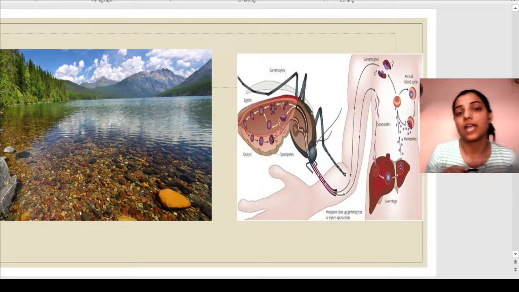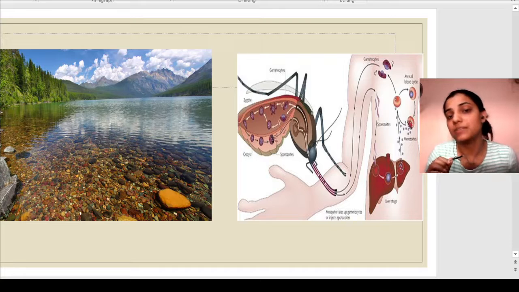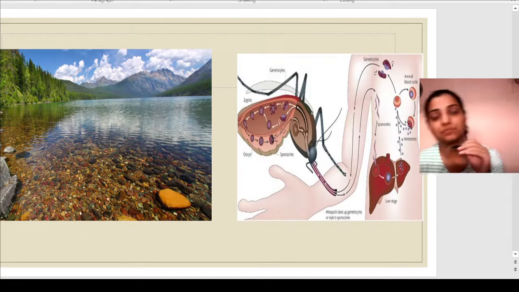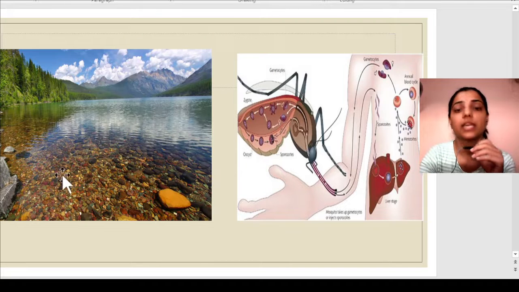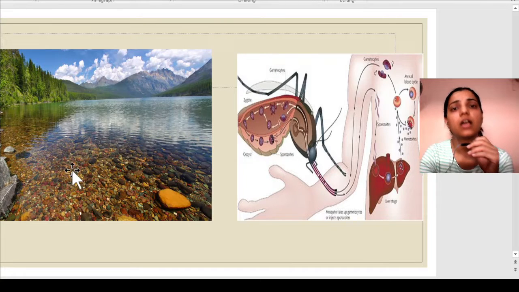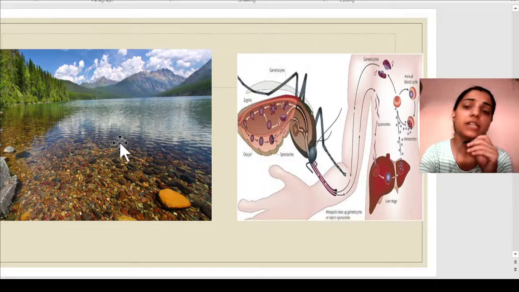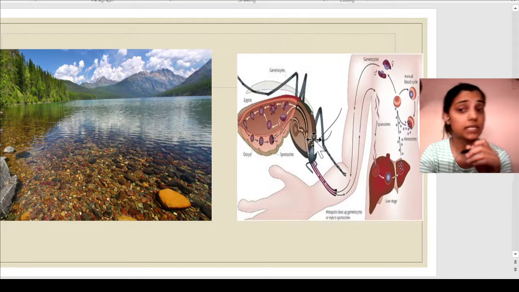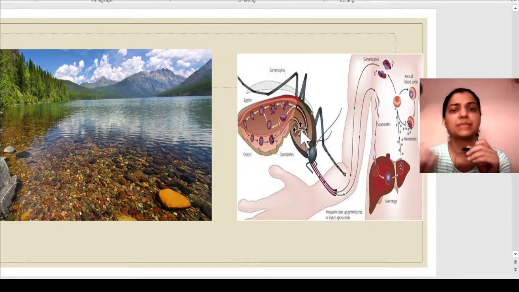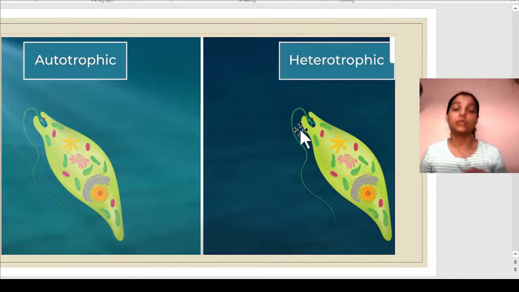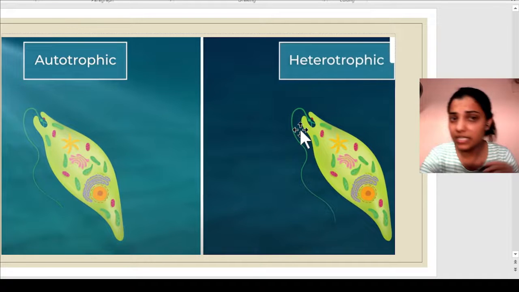Kingdom Protista can mainly be found in water bodies and moist environments, and sometimes they can be parasitic and found in the human body. And now the nutrition, as you can see in this picture.